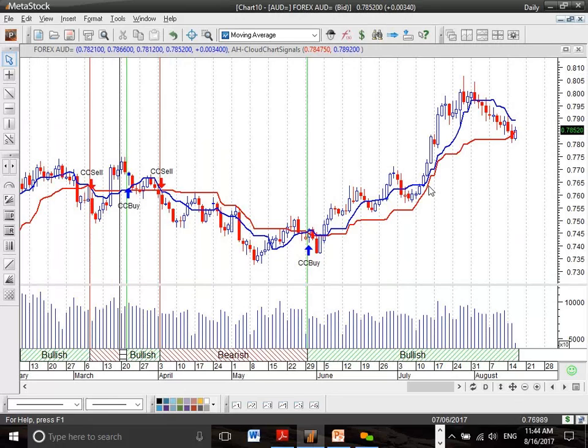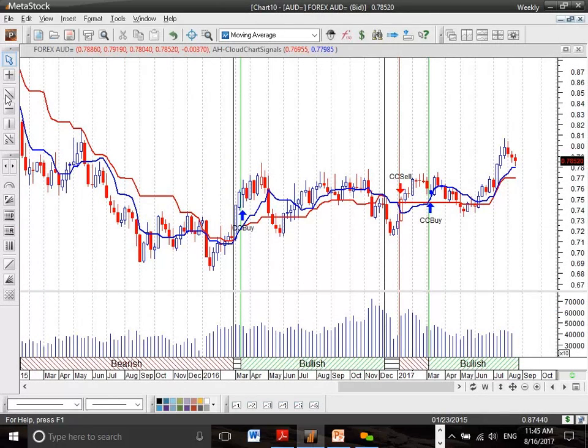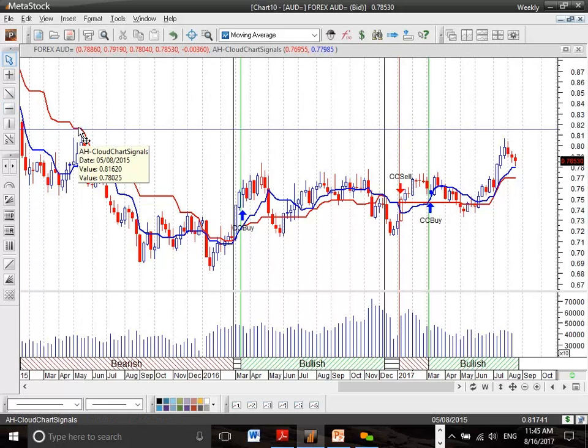Australian dollar had a nice little strong rally, then topped out at key resistance areas. If we look at the weekly chart, we'll see where that topping zone came from, that high there, which corresponds well with a cloud resistance level there, an old high. So we had a nice little rebound from cloud support here, cloud pivot line, and then a strong little rally there.